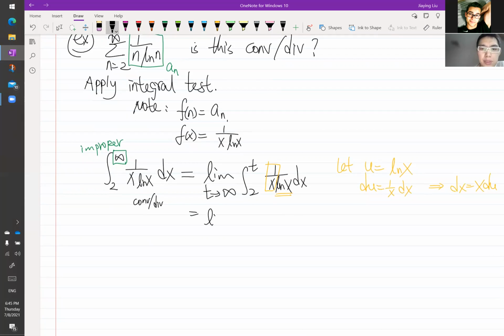I got 1 over x, and natural log of x is u in the denominator, so 1 over x u together, times dx, which is x du. And it's nice that the x cancels, and it becomes the limit of the integral of 1 over u du.